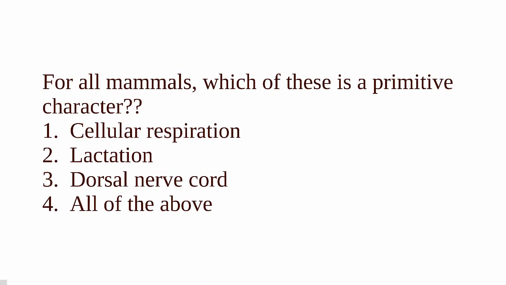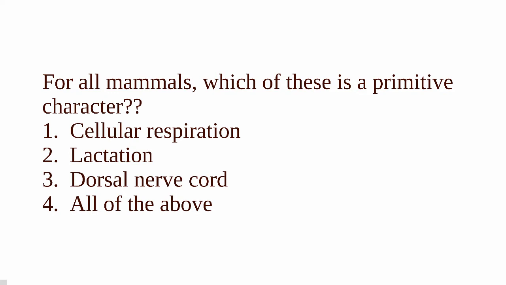Let's go to the next one. And this question is, for all mammals, which of the following is a primitive characteristic? Is it cellular respiration, lactation, or a dorsal hollow nerve cord, or all of the above? Now here it gets a little tricky. All of the above are primitive characters of mammals.